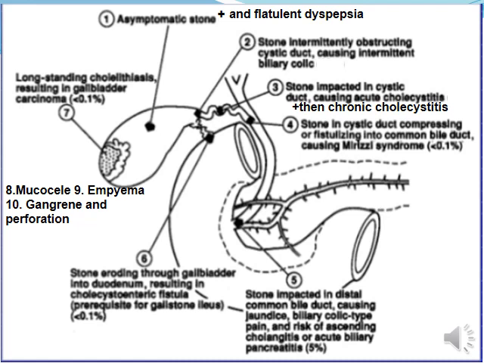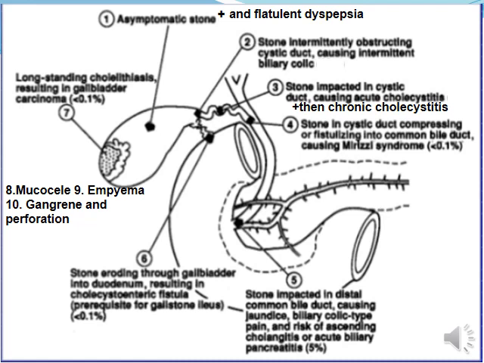And here number 6, when the stone erodes through the gallbladder into the duodenum, for example, resulting in cholecystoenteric fistula, and then the stone passes to the duodenum and jejunum and then ileum, causing obstruction, what we call gallstone ileus.